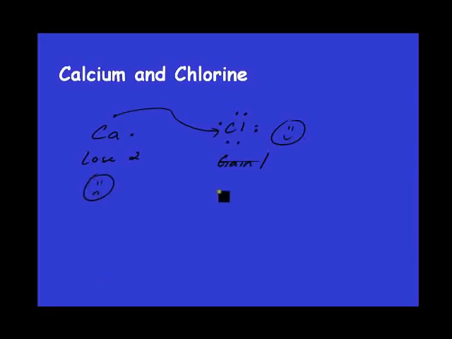We're going to need a second chlorine ion to accept another electron. Now calcium has lost both of its electrons, so it's happy. So our compound is CaCl2.